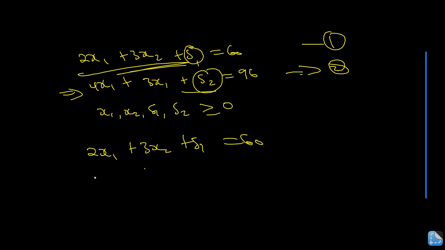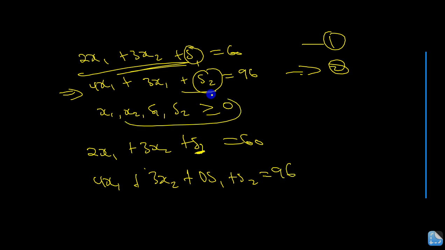For the second one, 4x1 plus 3x2, we have no s1, so we write 0 s1 plus s2 is equal to 96, and then bring your constraints down here. This is the first thing that you must do.